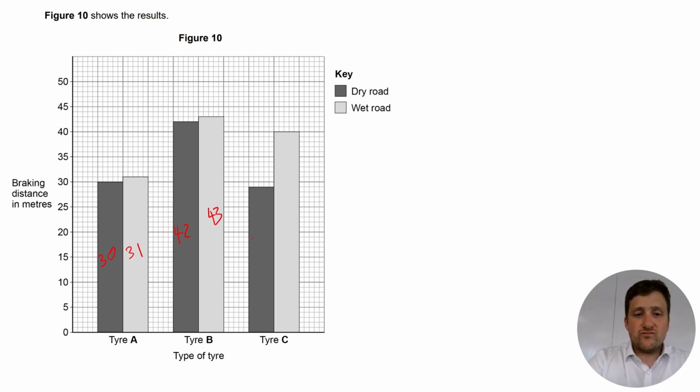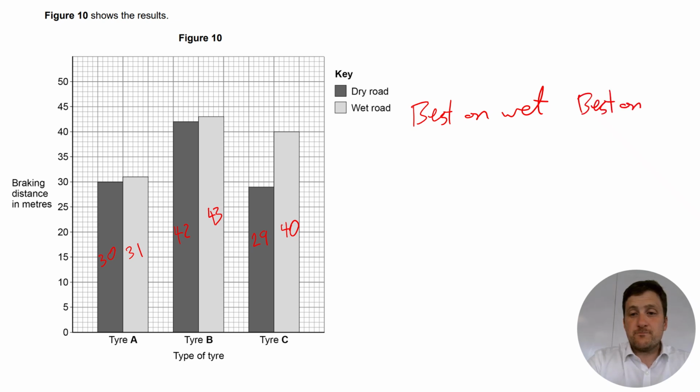Sort of helps, so I don't have to keep on looking at it if I do it first. Okay, so we've got our numbers in at least. Now we can look at which do we think is the best tire on wet. So which is the one on wet and which is the one on dry? Because that's going to be important.